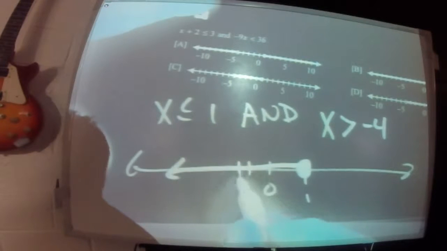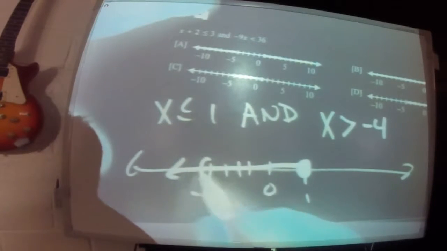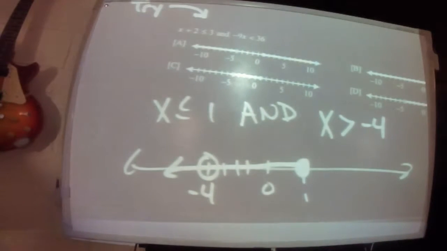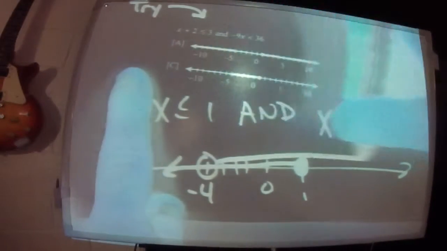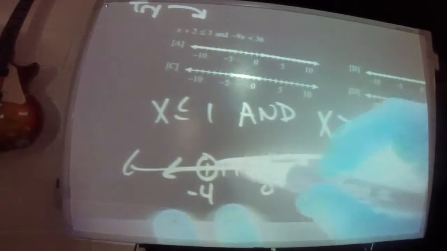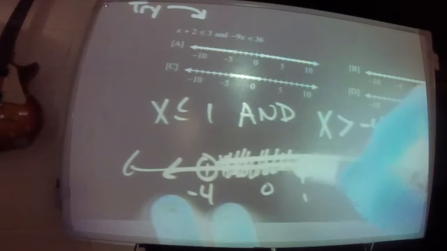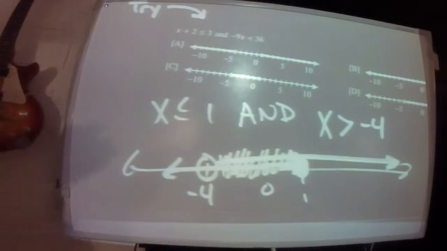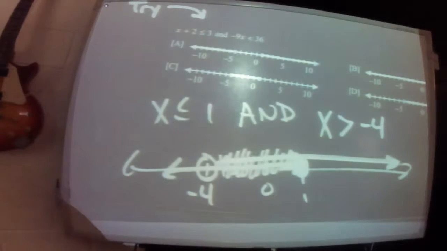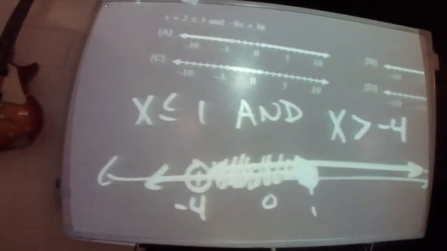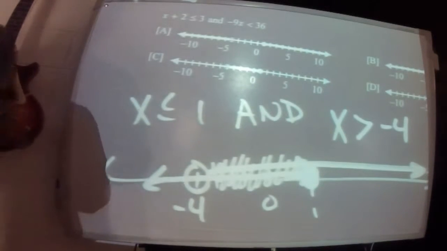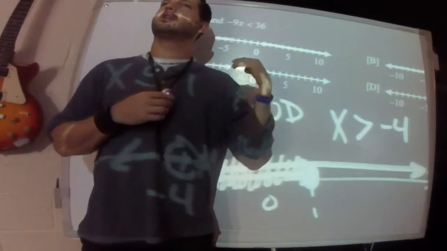I put a dot at -4. Open. And I go which way? To the right. And I seem to be overlapping between those two dots. So once again, put those two dots and give me the overlap between them, as in which answer? C.